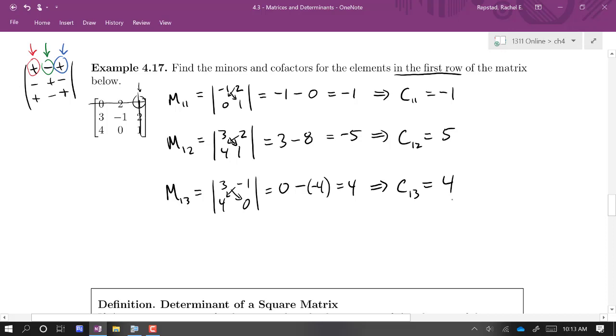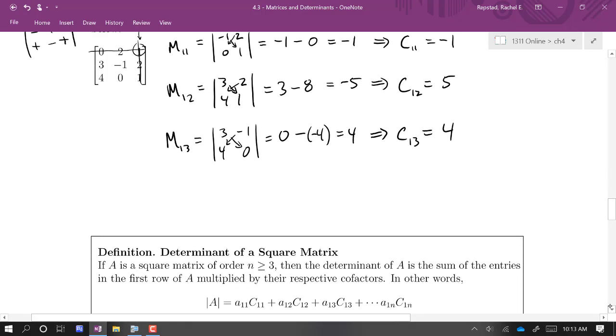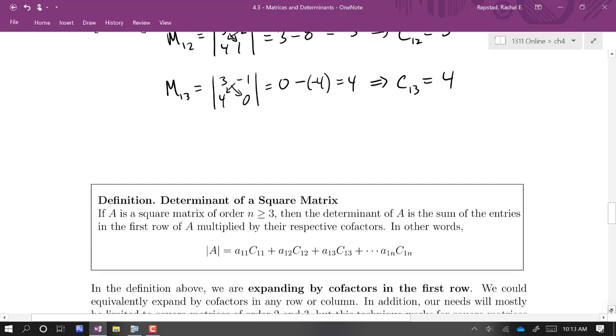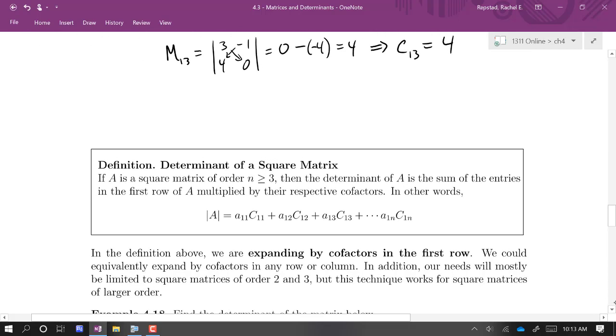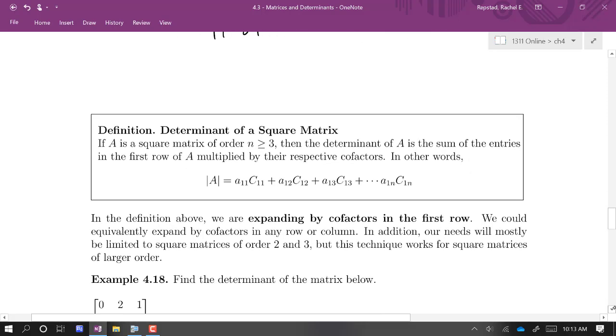Now what does this have to do with finding the determinant of a 3x3? That's given in the following definition. For any square matrix of order greater than or equal to 3, so if I have a 3x3 or a 4x4 or a 10x10, we find the determinant of that matrix. One way to do it is to expand on the first row.